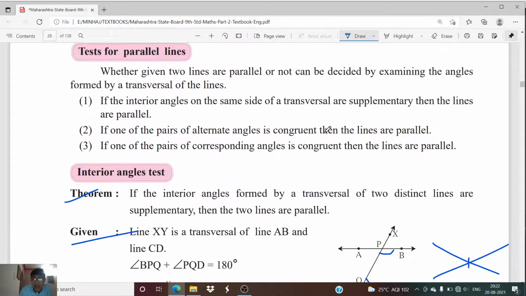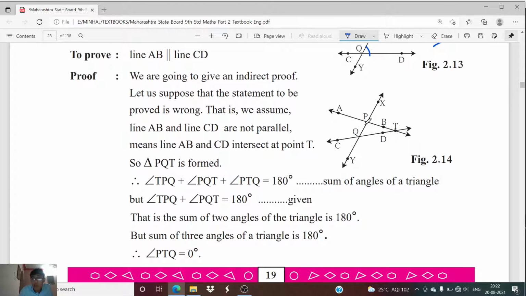That means angle QPT, or angle TPQ, and angle TQP and angle PTQ, all these three angles are going to have the sum equal to 180 degrees, as the sum of angles of a triangle is 180 degrees.